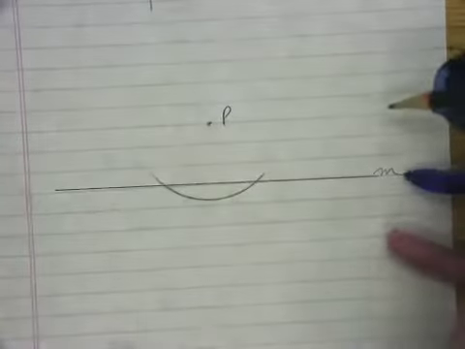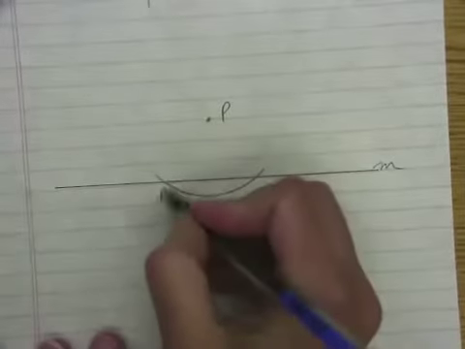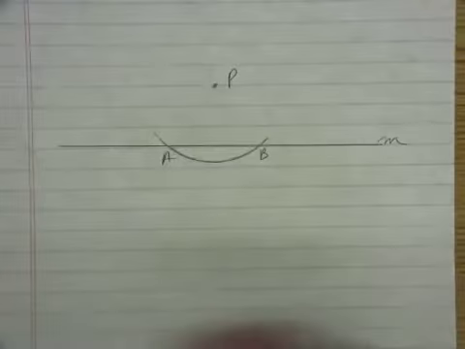And in making this arc, what I have done is create a segment on this line. So I could call this segment AB.